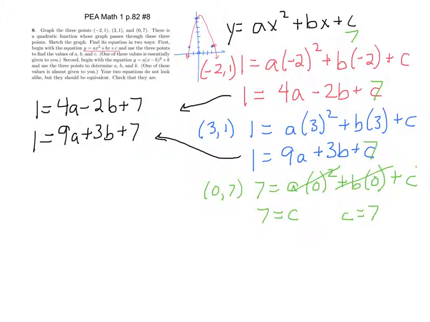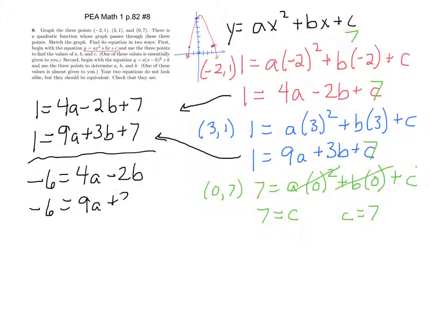So I'm going to simplify these slightly to -6 = 4a - 2b and -6 = 9a + 3b. Where did that -6 come from? Subtracted the 7 from both sides.